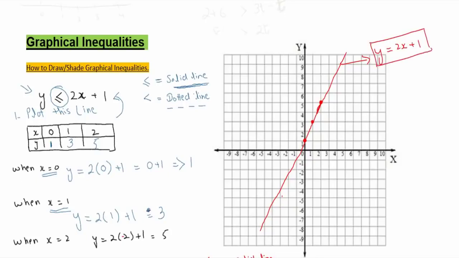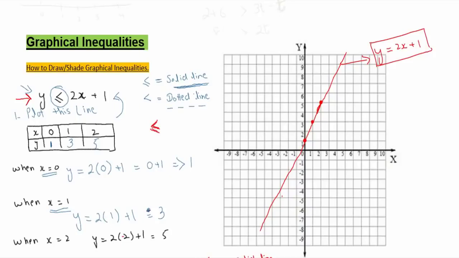Now let's come to the part of this inequality. When we are dealing with this inequality, you have to understand what it basically represents. When I read this inequality, I read it as y is less than or equal to 2x plus 1. So let me put this inequality right here.